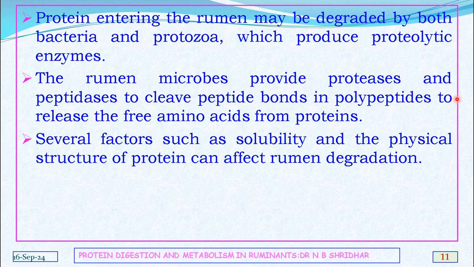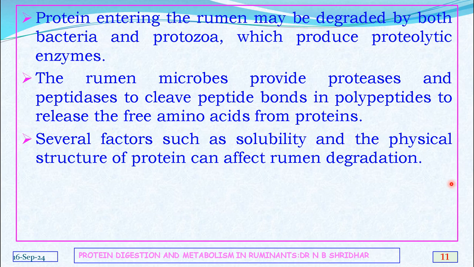Apart from this, several factors such as the solubility and physical structure of the protein can affect rumen degradation. There are many types of proteins, for example soya cake, groundnut cake, and cottonseed cake.